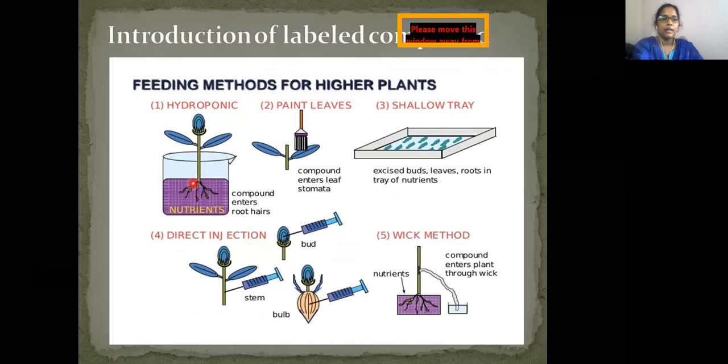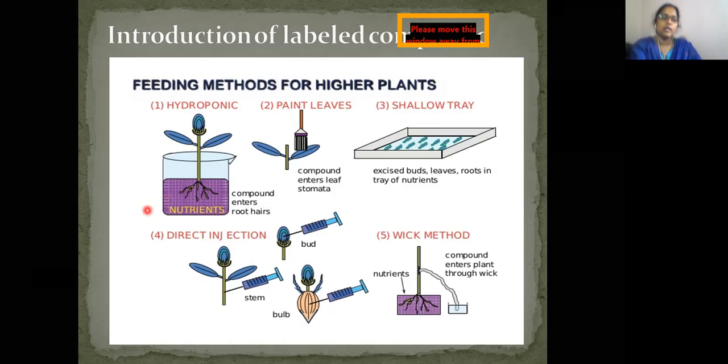Here we will take the hydroponic solution, which contains the radio labeled compounds to be incorporated into the plant. First, you have to select the plants in which the reaction takes place in the roots. This method is specific for the plants in which the pathway takes place in the root.